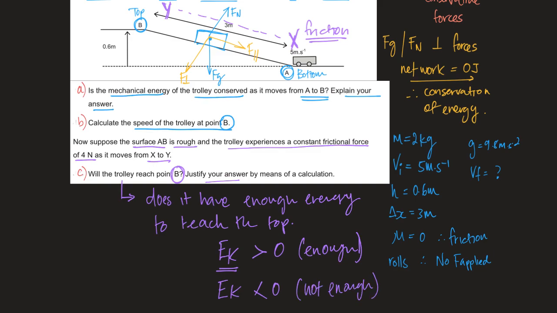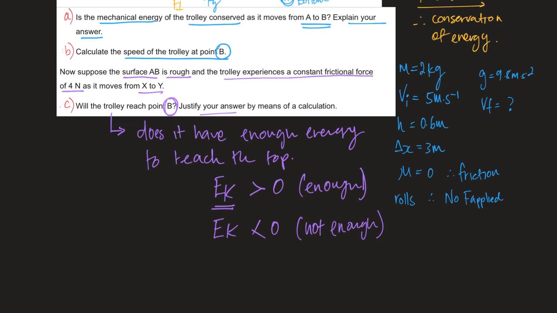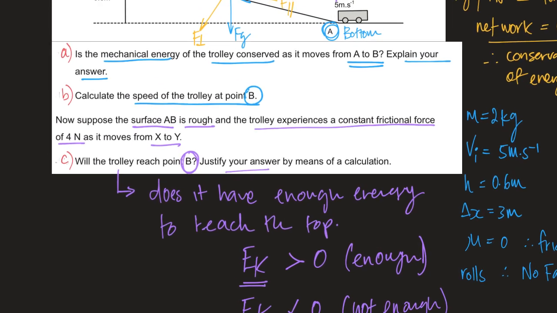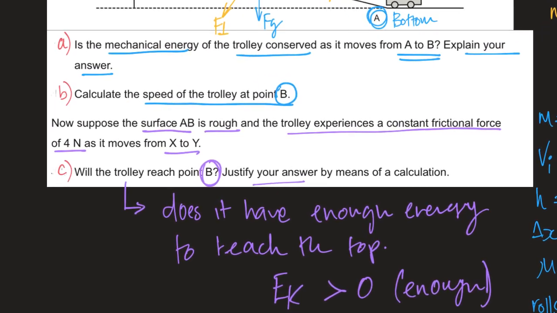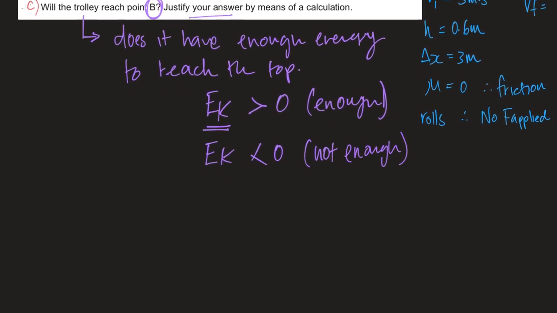This is the reason I'm going through these examples with you, because it's not enough to just go and do it alone. You do need some sort of assistance. All right, let's start with A. A says, is the mechanical energy of the trolley conserved as it moves from point A to B? Explain your answer.